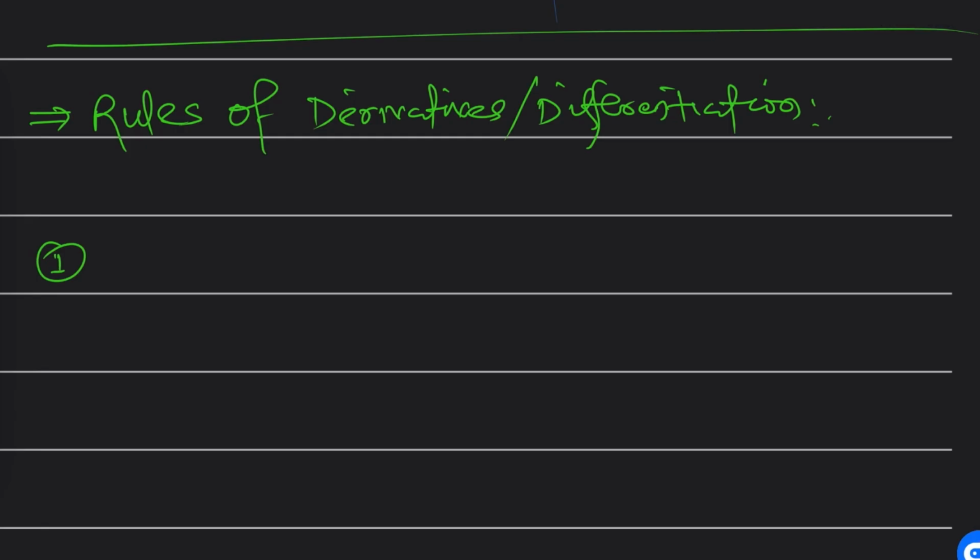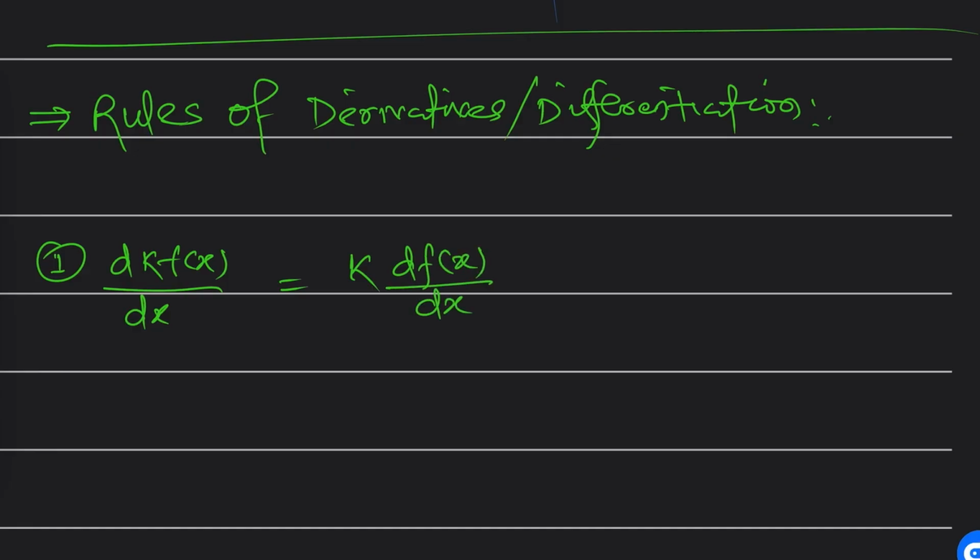Rule number one says that if you have a function involving x and also a constant, say f of x connected with k, and you want to differentiate with respect to x, then that constant k will come out first, and then you do the differentiation of the function with respect to x.